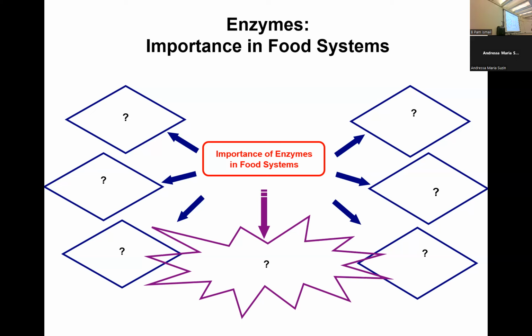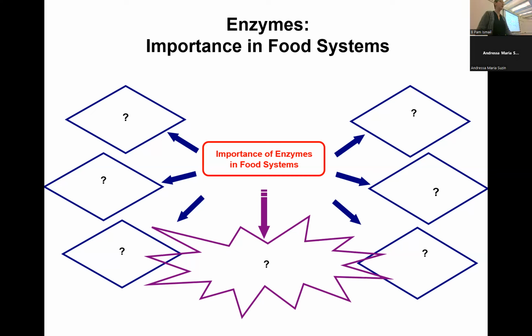Analysis, we use enzymes in analysis, either like in ELISA or used to quantitate components like glucose, total starch. What else? I think it's related to plant growth and the defense system.